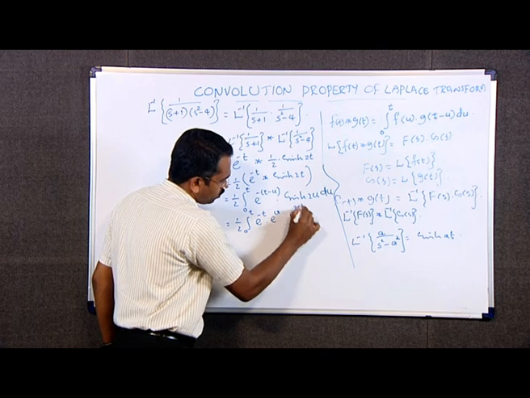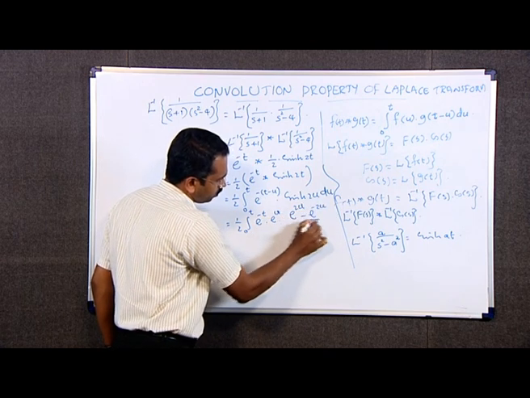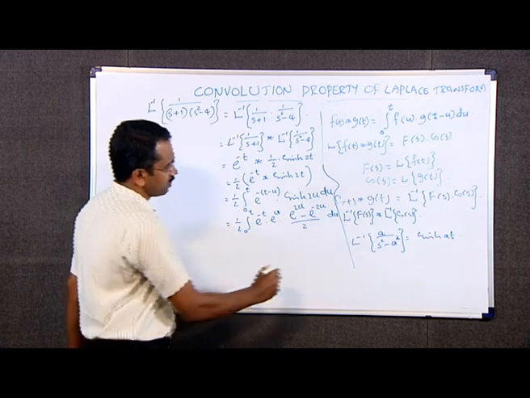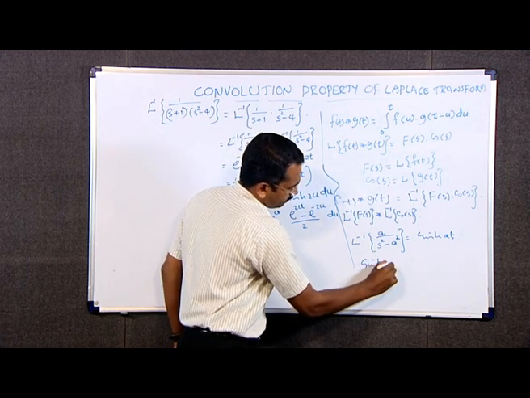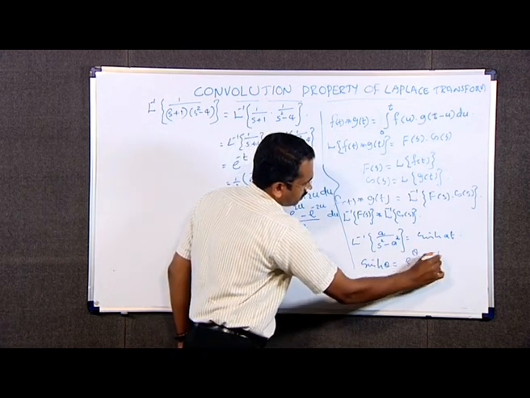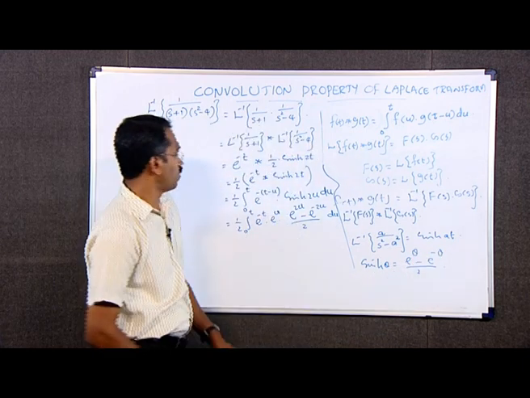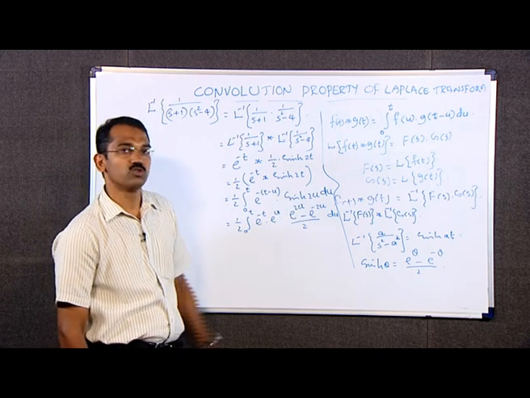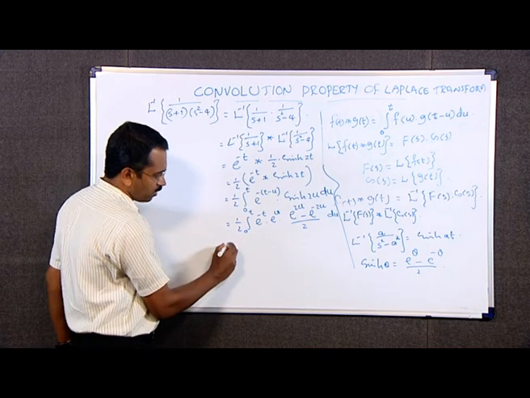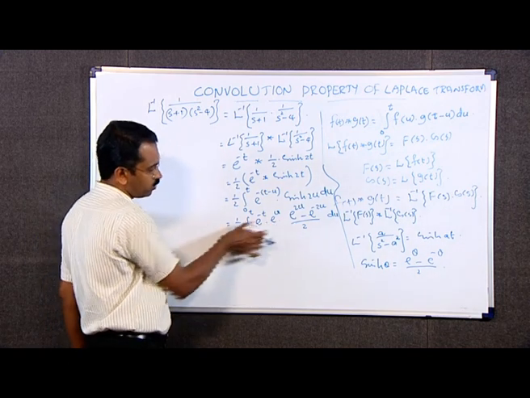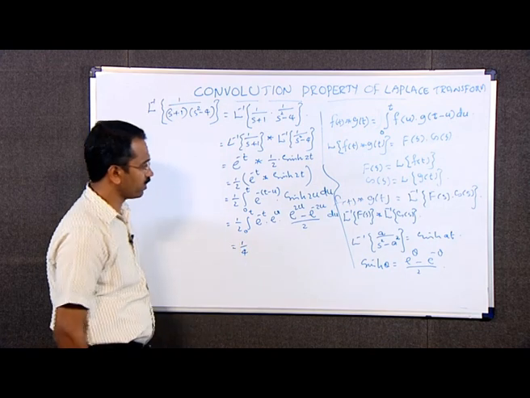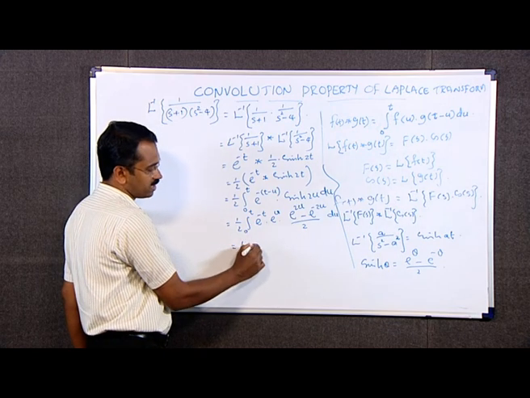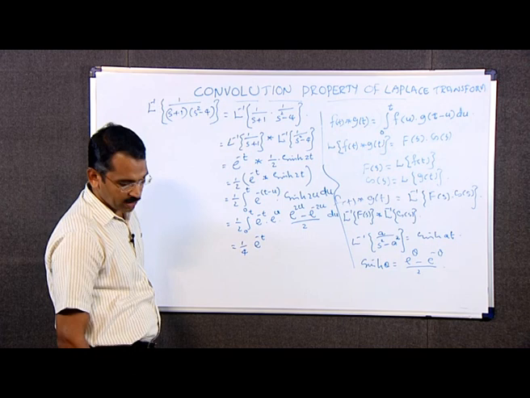Since sin h theta is e raised to theta minus e raised to minus theta all divided by 2, we write sin h 2u as e raised to 2u minus e raised to minus 2u divided by 2. This gives 1 by 2 into 1 by 2, which is 1 by 4. Here integration is with respect to u, so e raised to minus t can be taken outside of the integral.